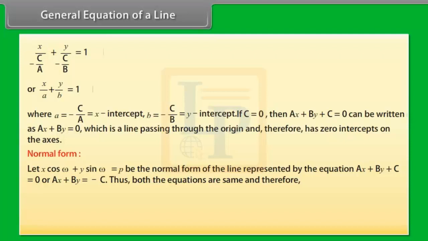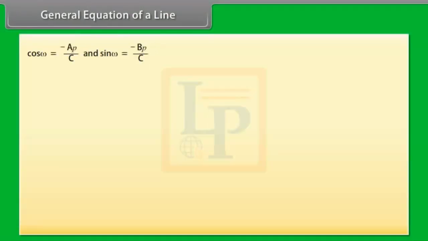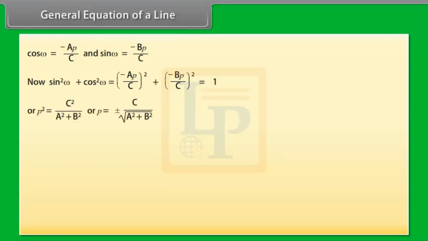Thus both equations are the same, and therefore a/cos omega = b/sin omega = -c/p, which gives cos omega = -ap/c and sin omega = -bp/c. Now sin² omega + cos² omega = (-ap/c)² + (-bp/c)² = 1, or p² = c²/(a² + b²), or p = ±c/√(a² + b²).